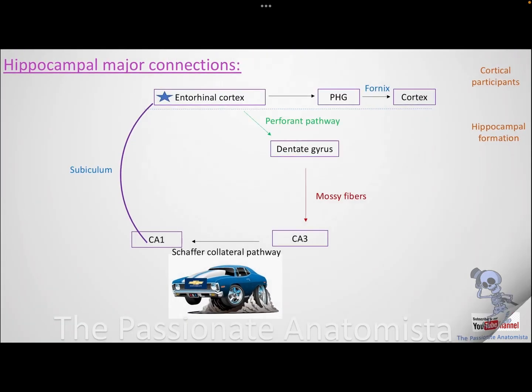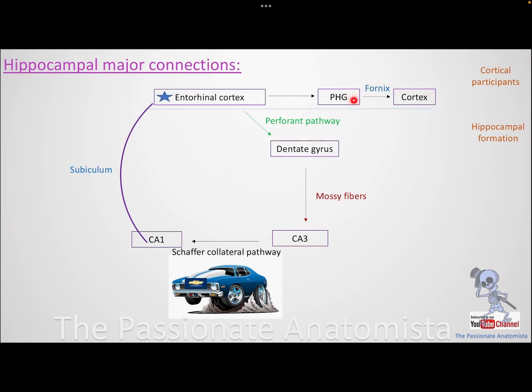All right. From the entorhinal cortex, here you have registered the memory. Without those parts, you won't be able to record a memory and record the information that you are receiving. And from the entorhinal cortex, you will send your feedback to the parahippocampal gyrus and to the cortex. By what?